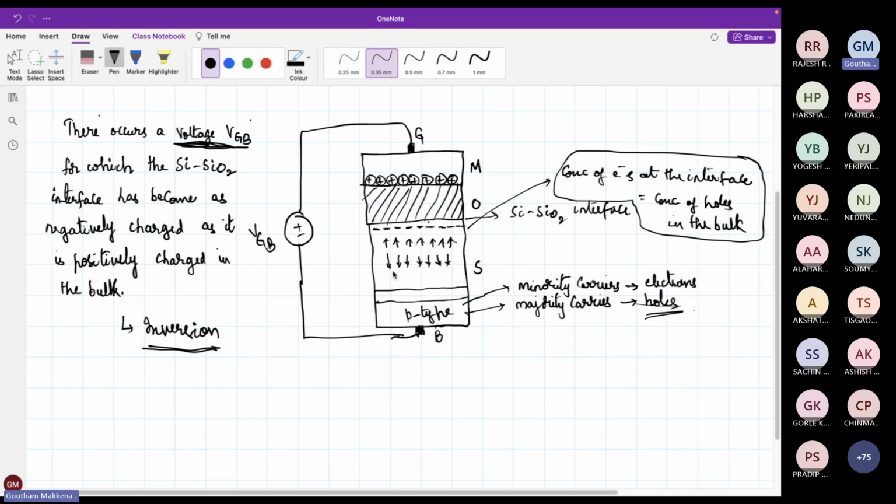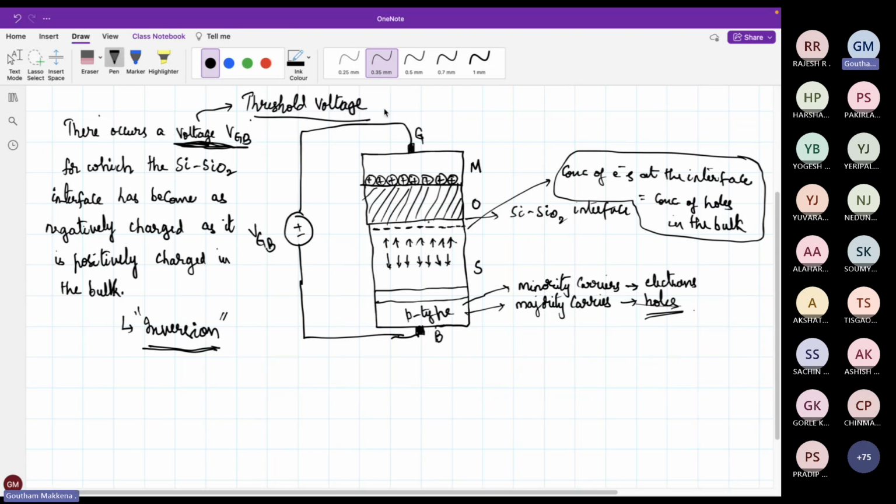At that point, we say that inversion has occurred. And what is this voltage called? Anyone? Threshold voltage. Very good. So this is nothing but our good old threshold voltage.